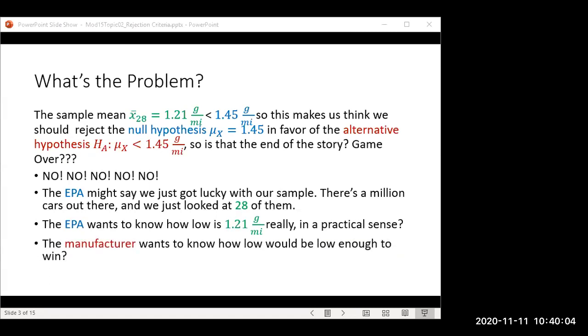The manufacturer wants to know, so how low would it have to go before you think it is significant? So that's two questions. How low is it really in a practical sense, and how low would be low enough to make us reject the 1.45 in favor of the idea that the population mean is really less than that?